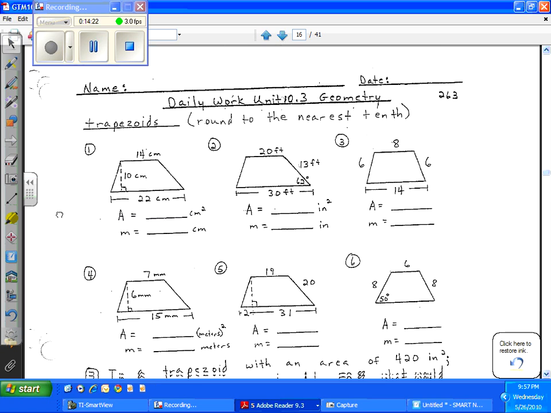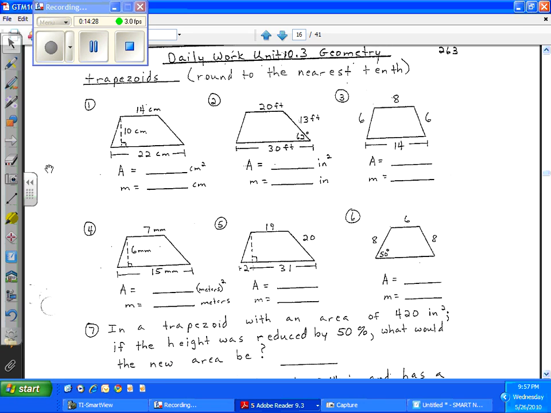All right, that brings us to daily work 10-3. Notice the fine print says round to the nearest tenth. We'll go ahead and start with number 2.